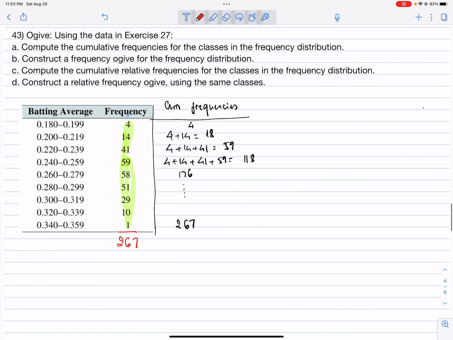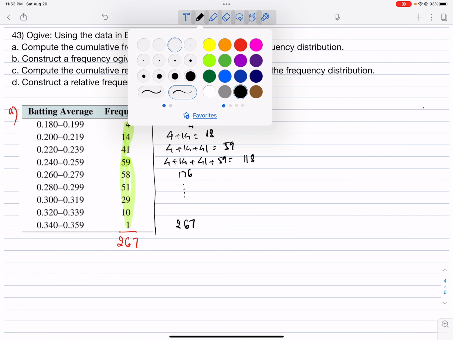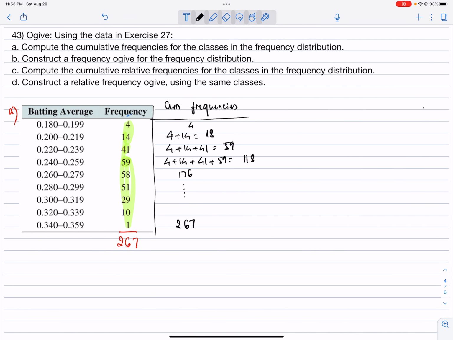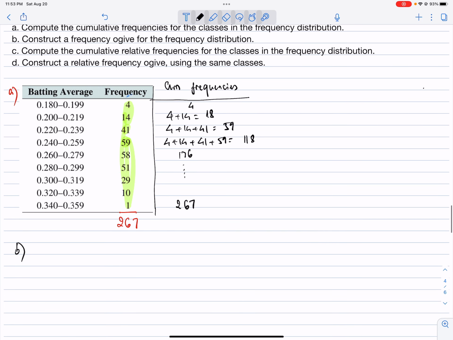Now, that is part A. In part B, we want to construct the frequency ogive. The ogive graph is a line graph, and like that we need to have points. The first part is the X part, which is the upper class limit.